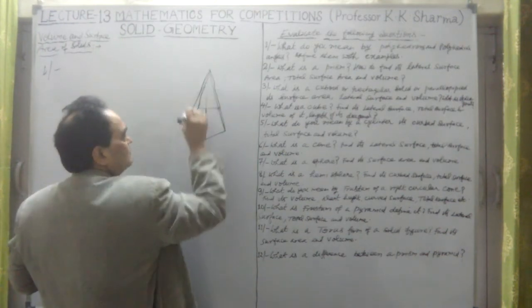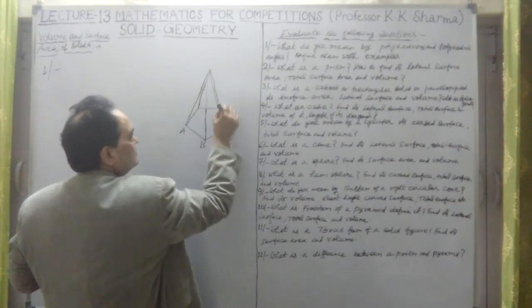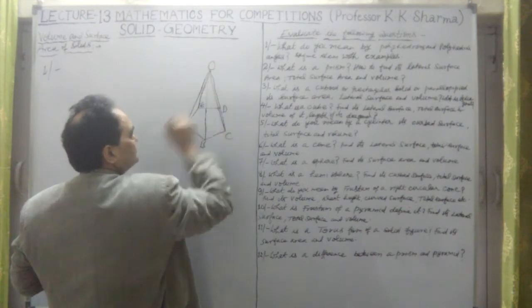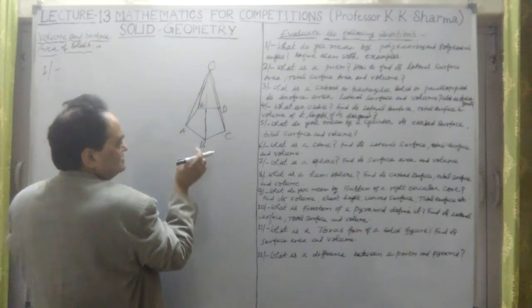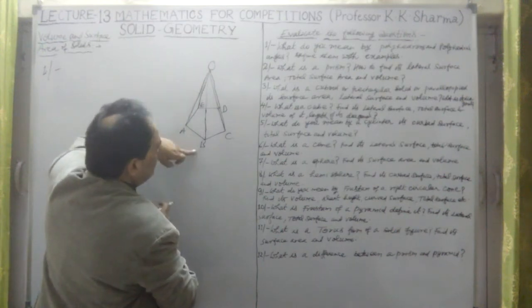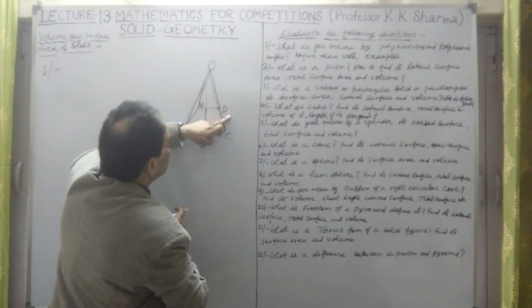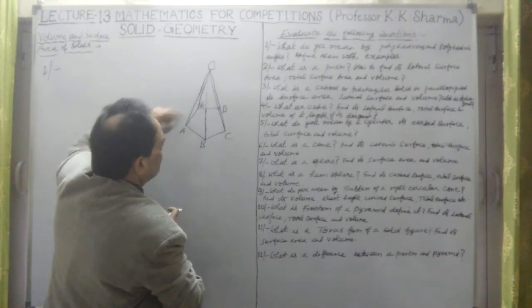So if I take the points A, B, C, D and E, and this is point O here, and I have joined them. OAB, OBC, OCD, ODE and OAE.